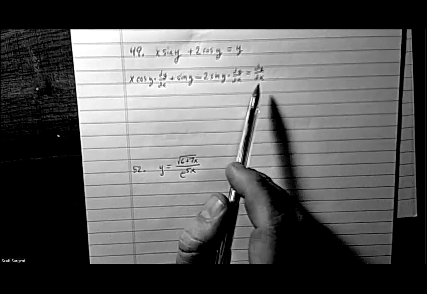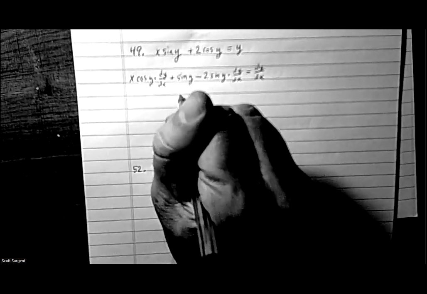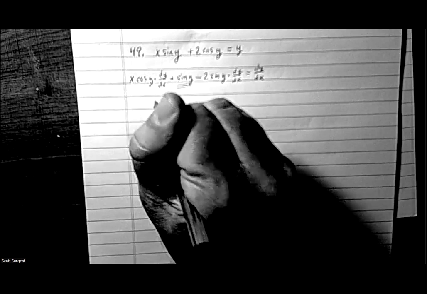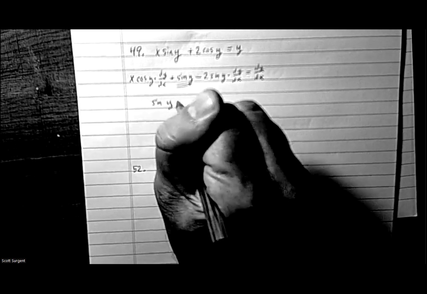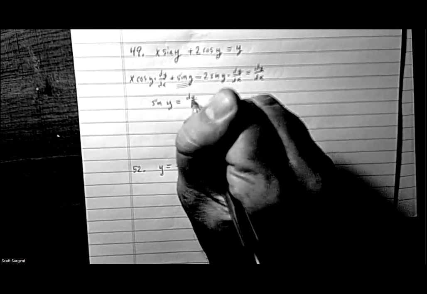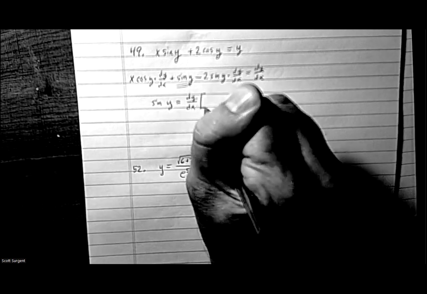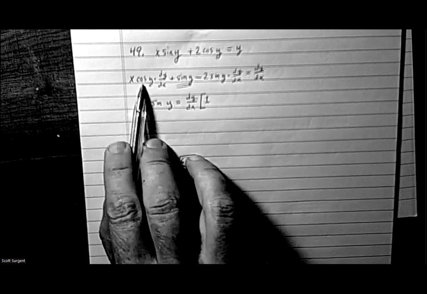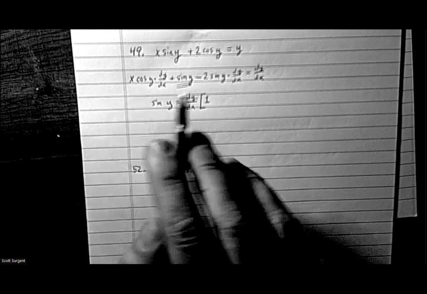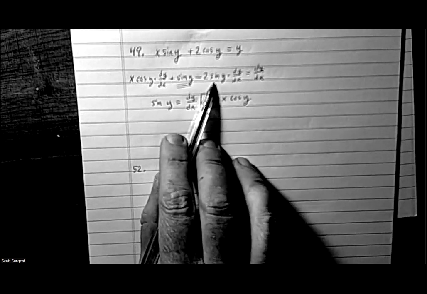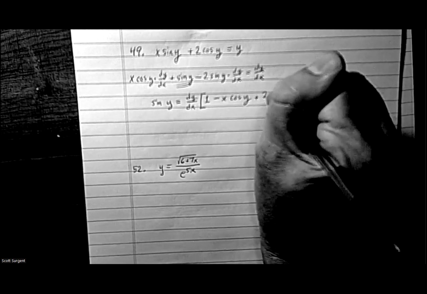So what I'll do is leave this sine y, because it is just by itself, on the left side. I'll bring all of the dy dx terms over to the right side. Meanwhile, I'll go ahead and factor. This dy dx is really just one of them. I bring this to the right side by subtraction, and I bring this to the right side by addition.